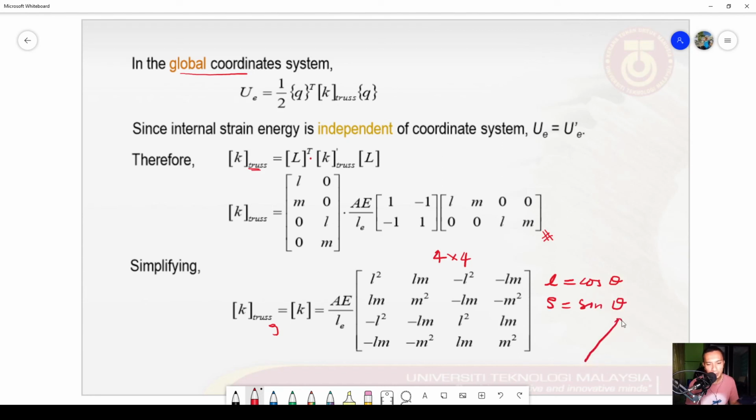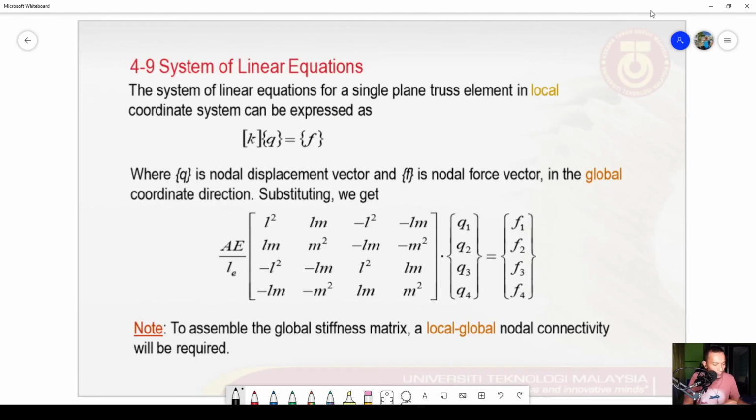So considering this is our element from point 1 to point number 2, we take the angle from the horizontal line or axis here, and then we obtain the angle theta. So the L and S here refer to the cosine and sine of this angle theta.